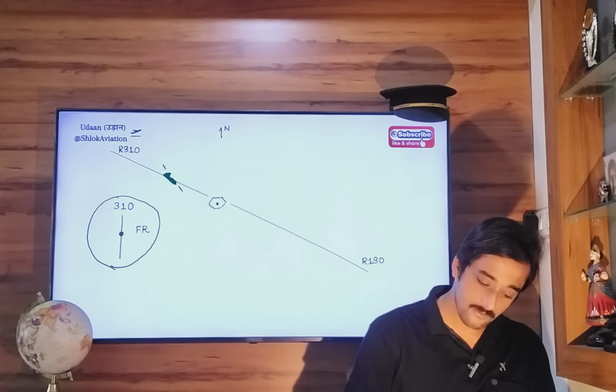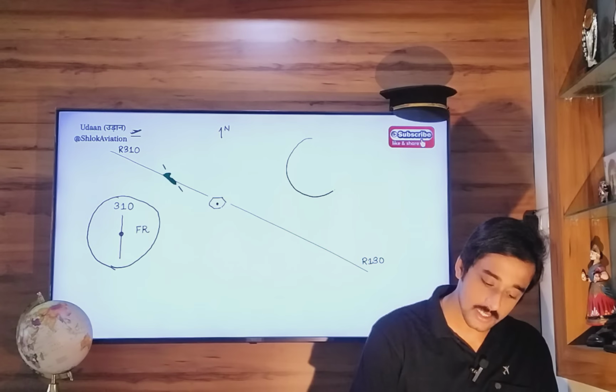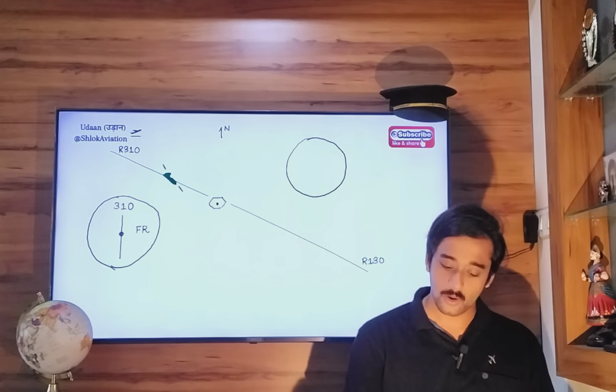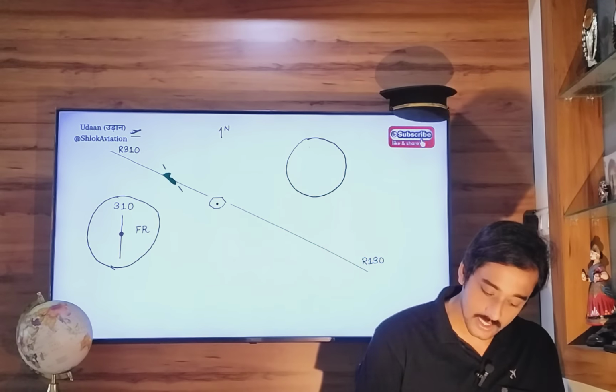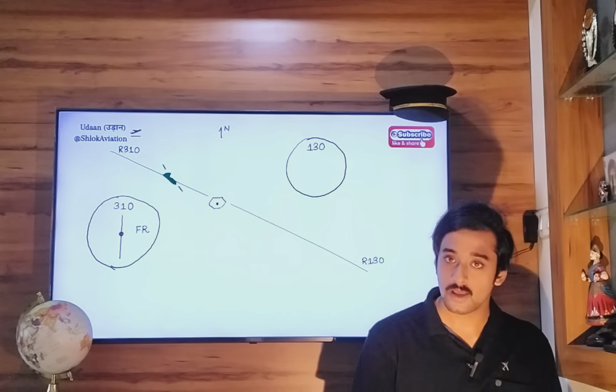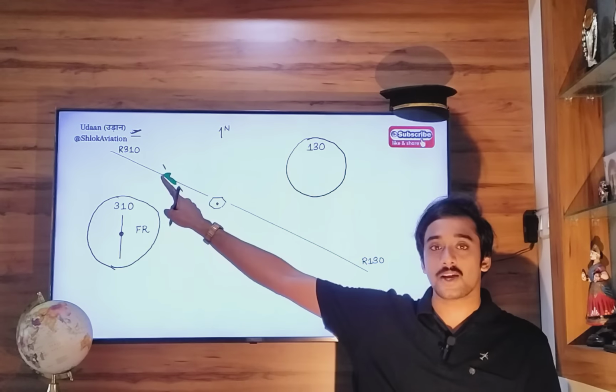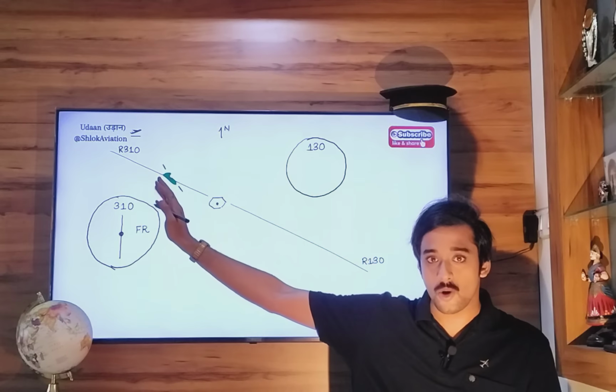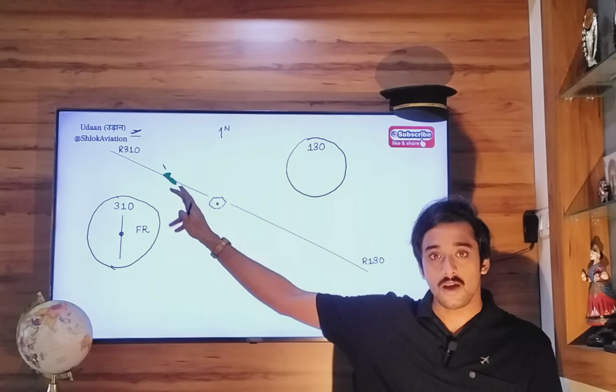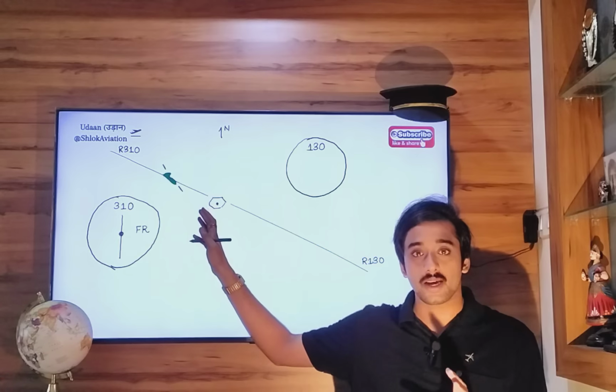Second possibility, if we want 2 indication in the OBS, what we are going to put is radial 130 or bearing 130. So aircraft is on this side of the VOR, to the northwest of VOR on radial 310. Now the heading of aircraft is irrelevant.